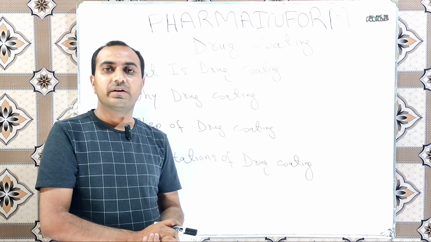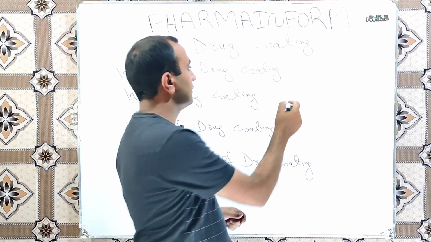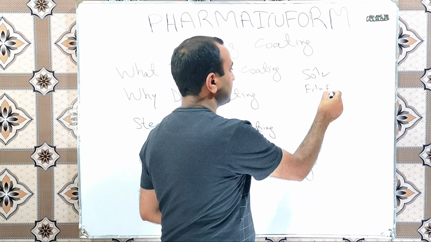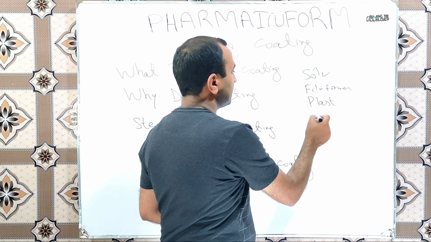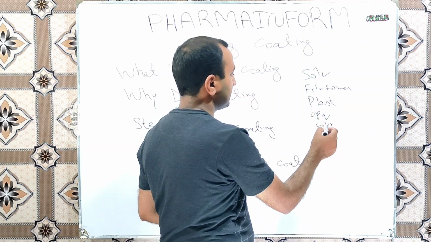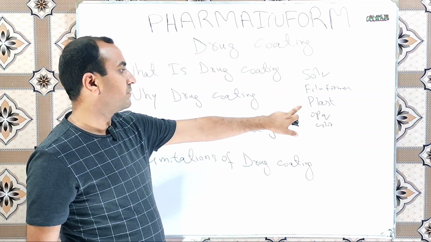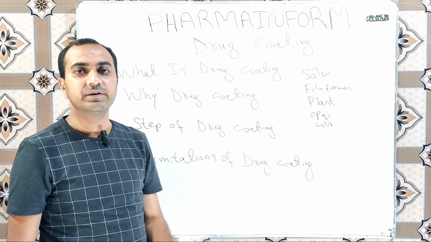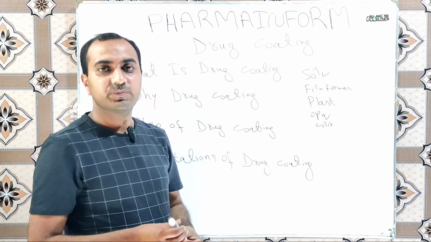As you know, a tablet coating suspension mainly includes a solvent, film former, plasticizers, opacants, colorants and so on. A solvent, a film former like polymer, plasticizer, opacants and colorants are the main components of the tablet coating suspension.